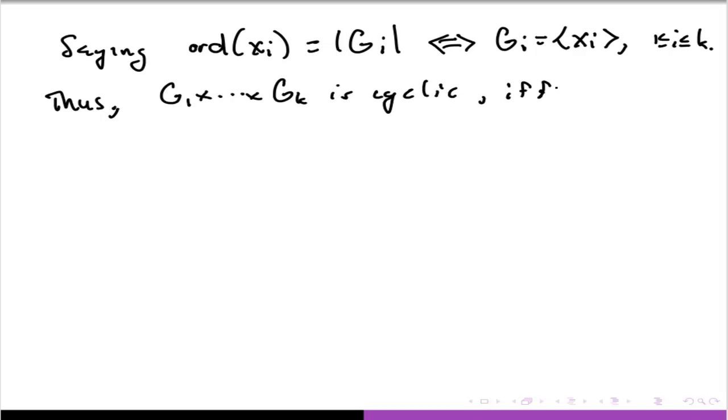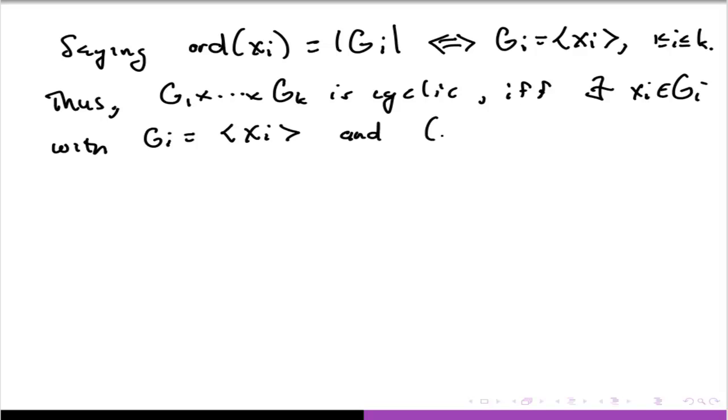if and only if there exist these xi's in the gi's, with gi being generated by the xi's and the orders are pairwise relatively prime.